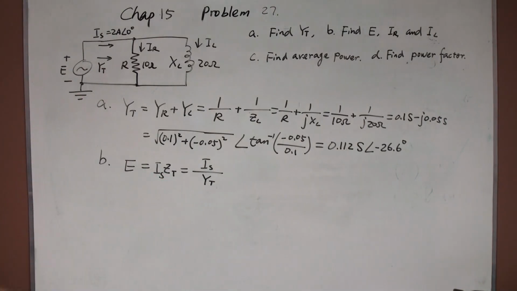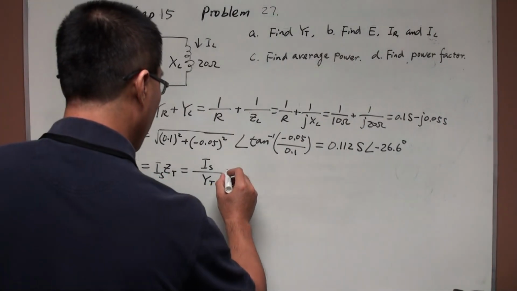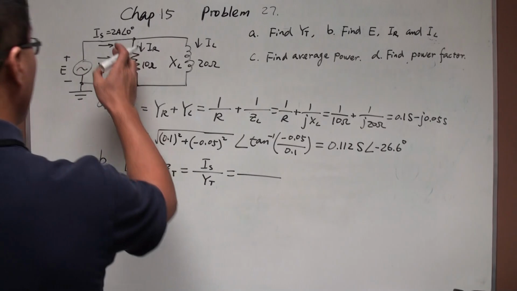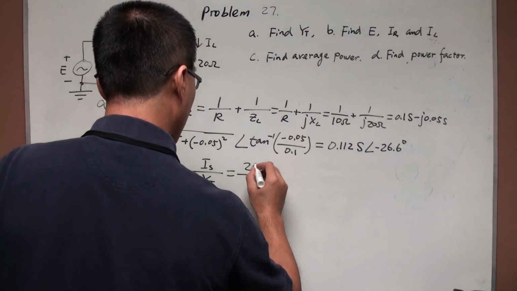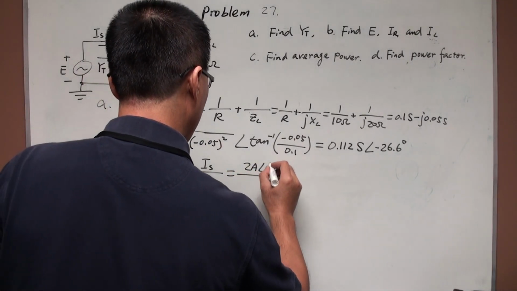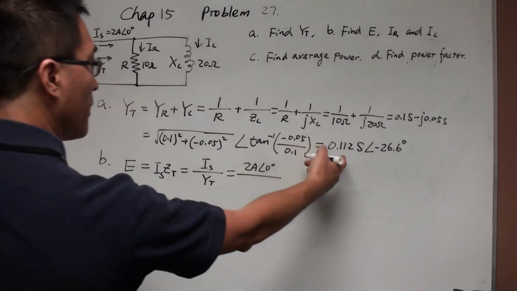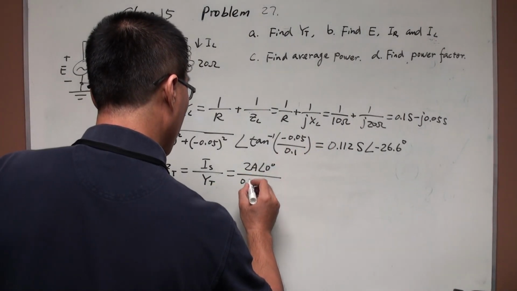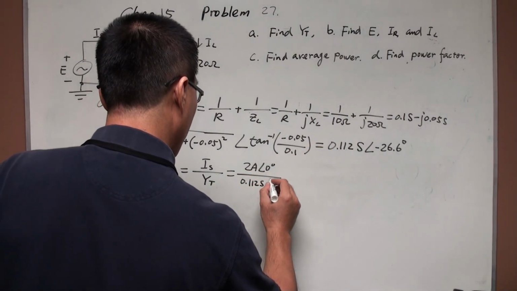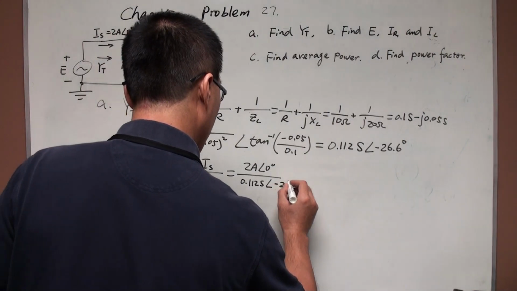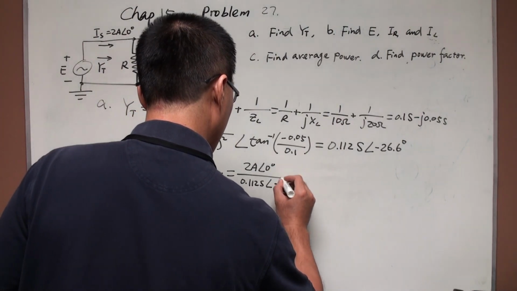IS here is 2 amps with 0 angle, and YT is 0.112 S with an angle of negative 26.6 degrees.